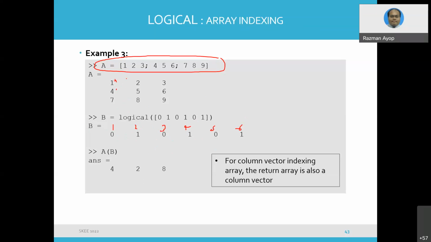Basically, it will take data number 1? Don't take data number 1, so 0. Number 2 take. Number 3 don't take. Number 4 take. This one don't take, and this one you take. So basically you just copy this one and this one, so 4 to 8.